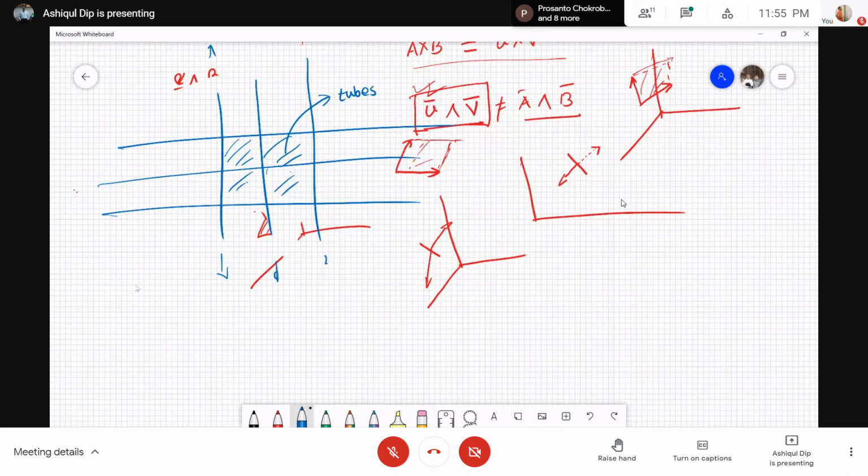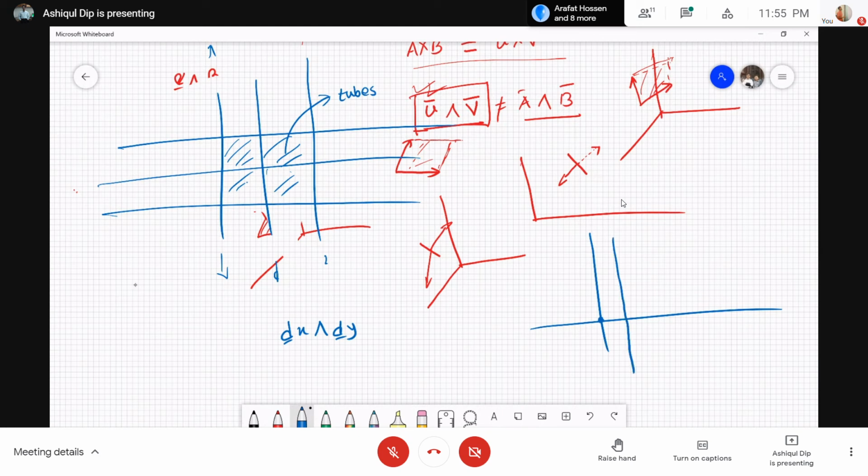So what do 2-forms create? Like dx wedge dy, say. Consider this is my rectangular grid, z direction is upward, then dx are the planes of this thing, right?